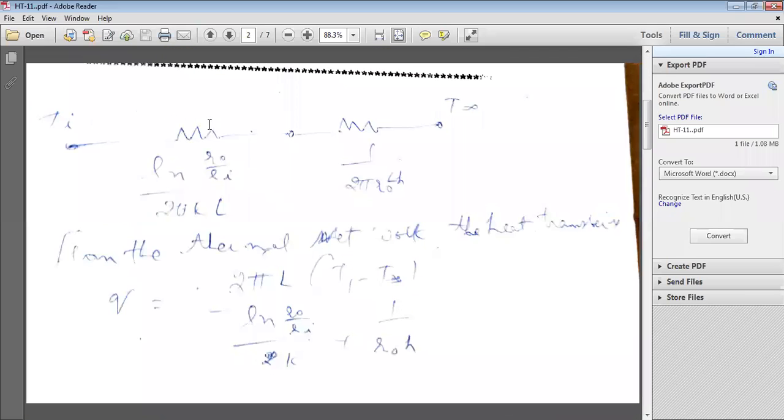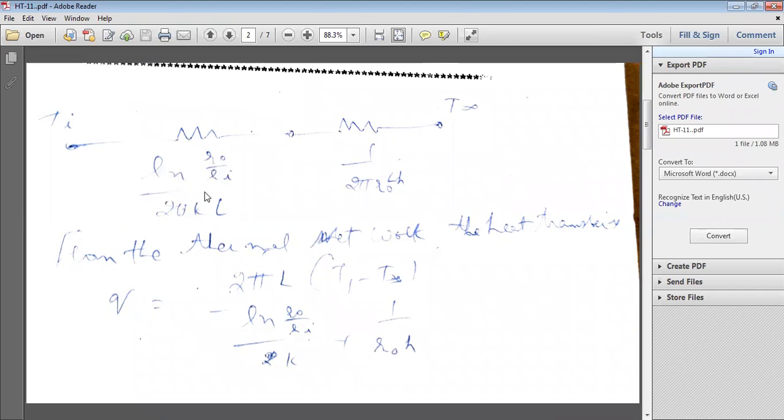So this is the resistance offered by conduction for a cylindrical radial system. How do you calculate the resistance? Ln Ro by Ri divided by 2 pi KL, where Ro is the outer radius and Ri is the inner radius. This is the natural logarithm for a cylindrical radial system.